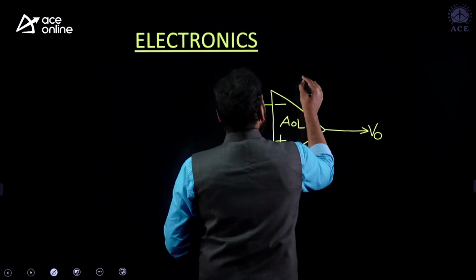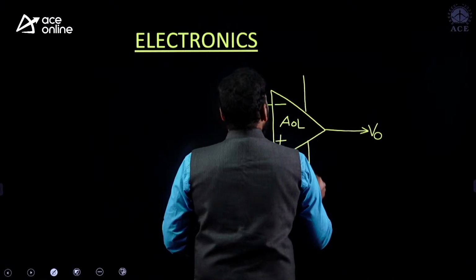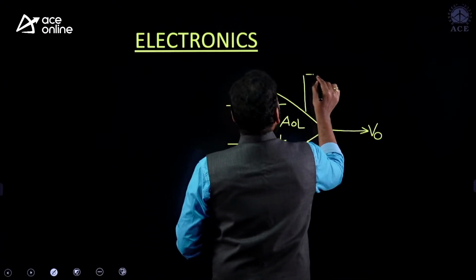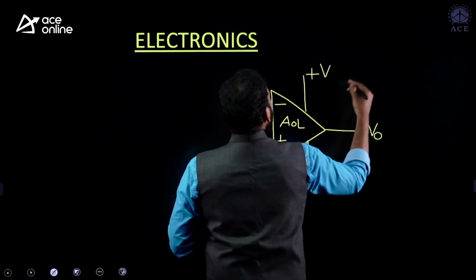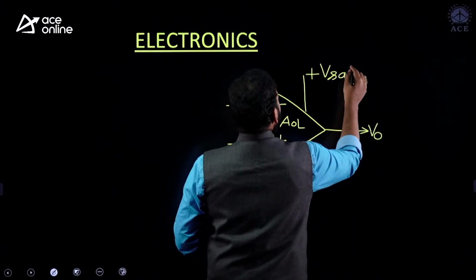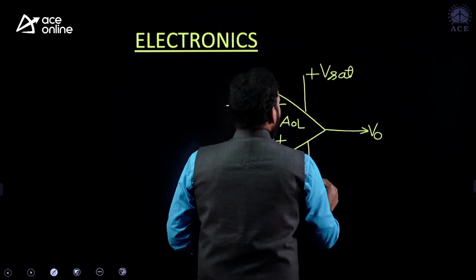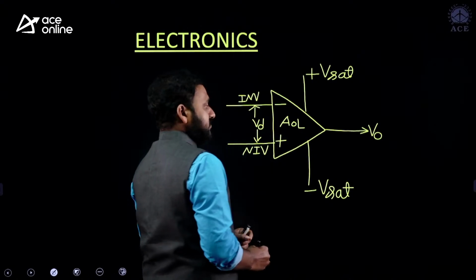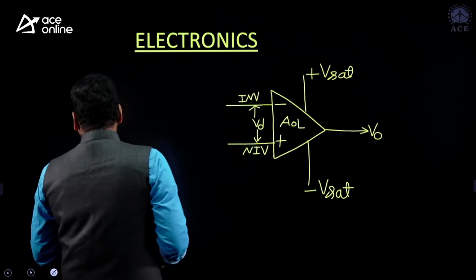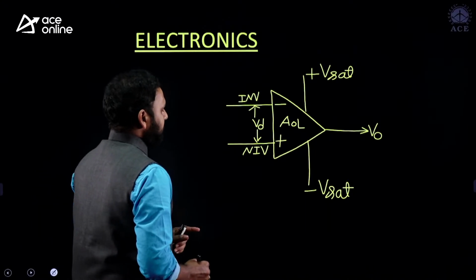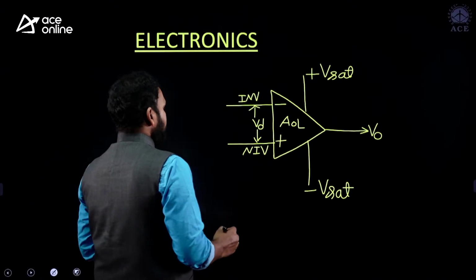So, as I told you, the op-amp requires 2 different power supplies, and this power supply will help you find the maximum positive level at the output. We can say this is the positive saturation level, and this is minus Vs, saturation voltage. And remember, this is the standard equation for an operational amplifier to get the output voltage V0.